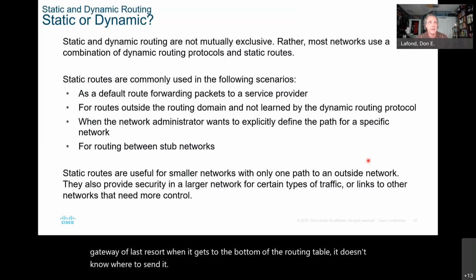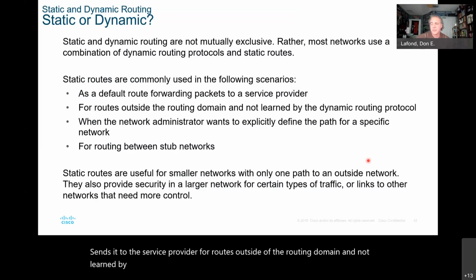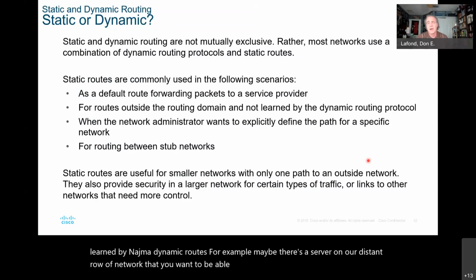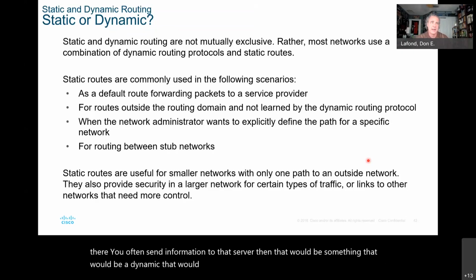For routes outside of the routing domain and not learned by dynamic routing, for example, maybe there's a server on a distant network that you want your router to always know how to get to. You often send information to that server, so that would be a static route.